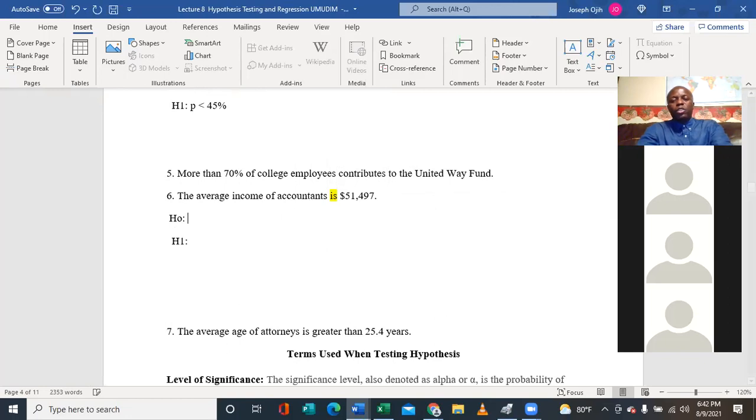So average income, that means mean, equals 51,479. That is the claim. And the alternative would be the average does not equal. Exactly. So mean is not equal to 51,479.